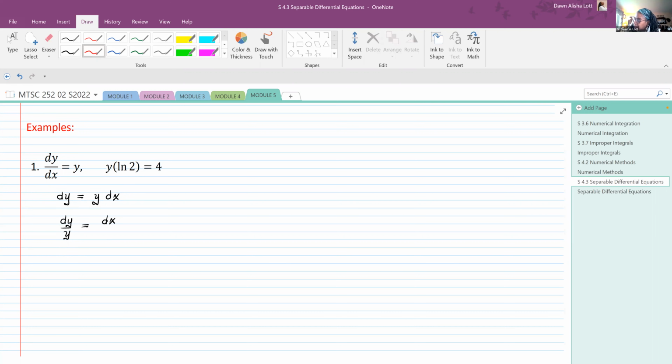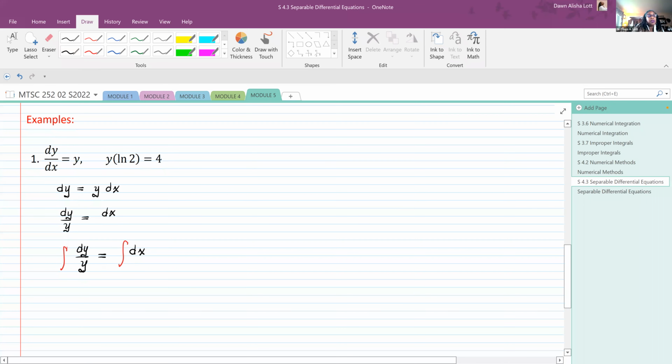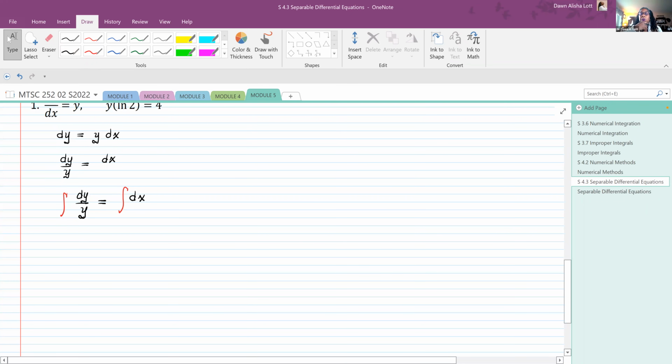So I'm going to integrate dy over y, and I'm going to integrate dx. Okay, what's the integral on the left-hand side? What's the integral of dy over y? This is one we see over and over again: dy over y, dx over x, du over u. What do they all give you?